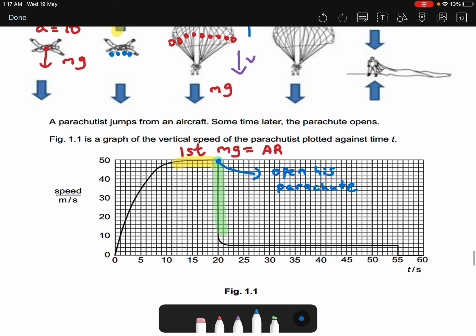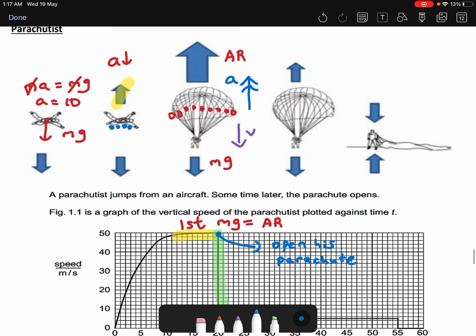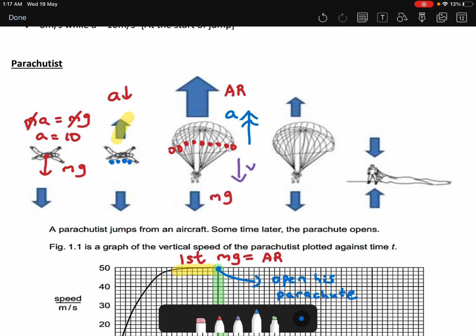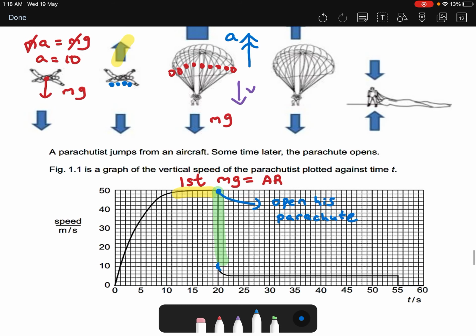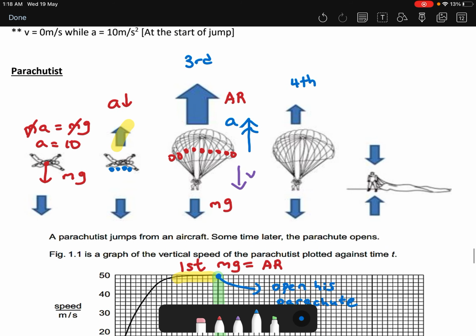After that, you decelerate further until you reach a very low speed. You go back to equilibrium again. If you compare the third and the fourth diagram, the air resistance from the third to the fourth diagram decreases. Why is that so? Because when you open the parachute, you decelerate very drastically until maybe right here, where your air resistance will decrease also.